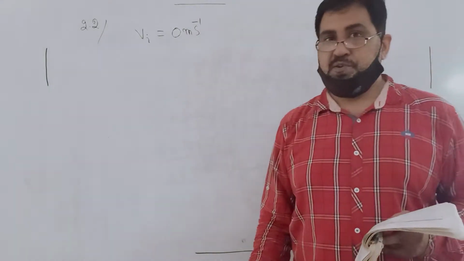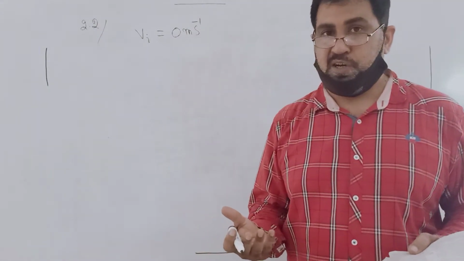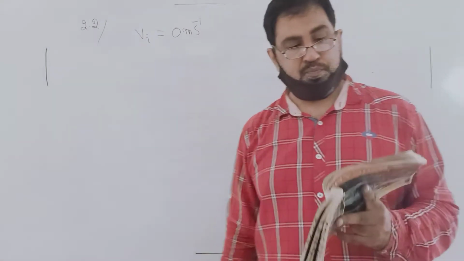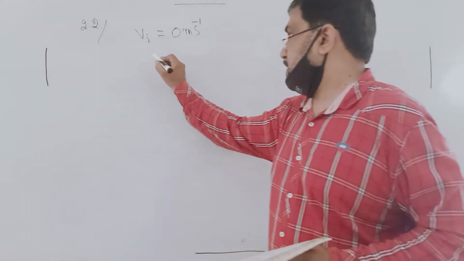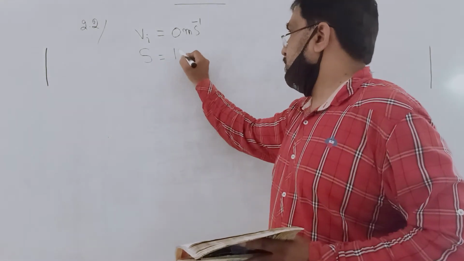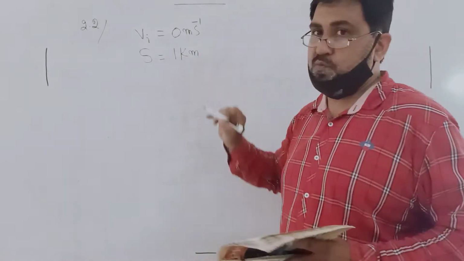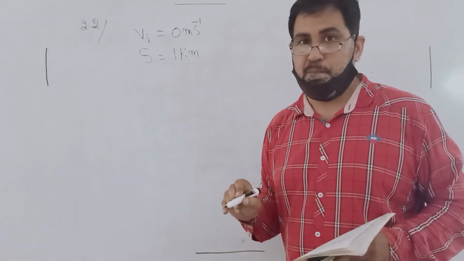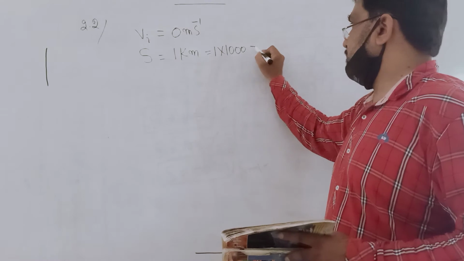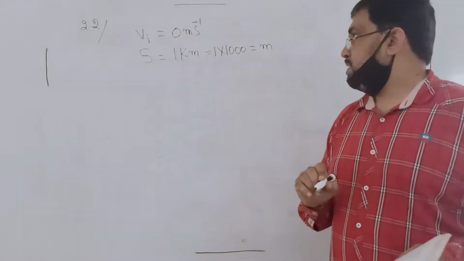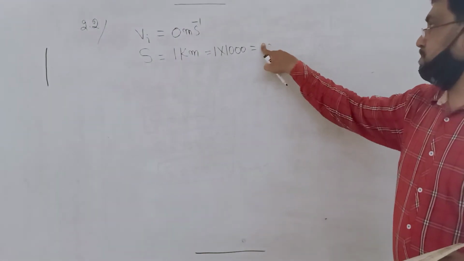If a train starts from rest, then its initial velocity will be 0. It moves through 1 kilometer. Distance 1 kilometer. First of all, we convert kilometer into meter. So 1 multiplied with 1000. Answer should be 1000 meter.